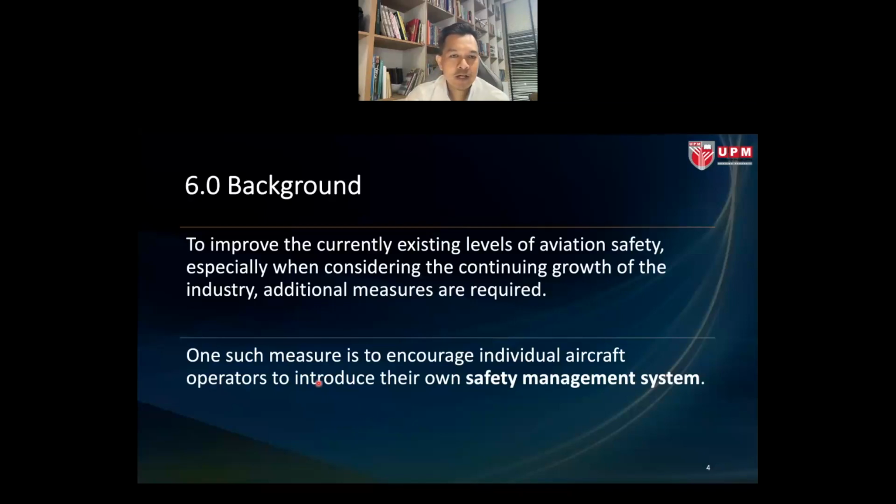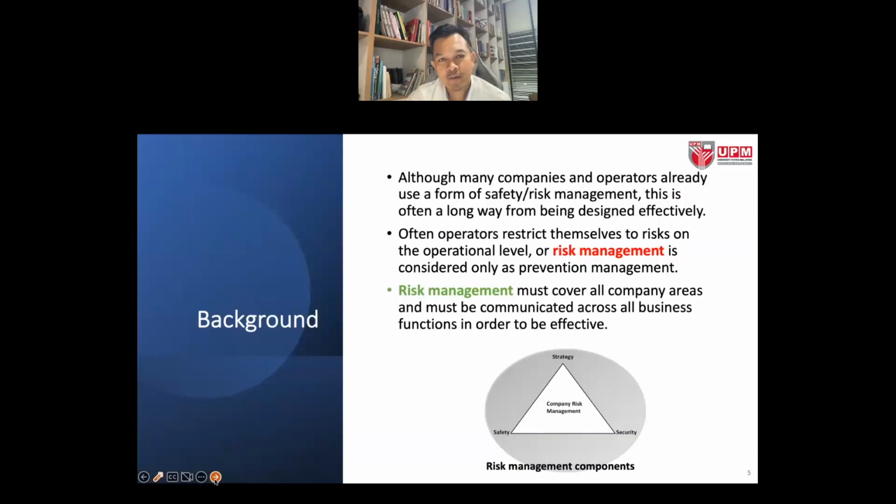All right, so IATA provided a ruling that all airlines must have their own safety management system that needs to be audited. Okay, although many companies and operators already use a form of safety or risk management, this is often a long way from being designed effectively.